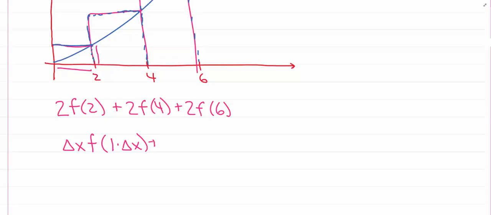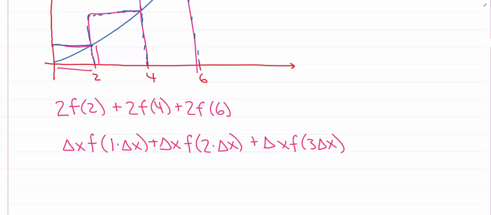Now this next one, I've got delta x, and that's 2 times delta x, because we just started at 0. And the next one is 3 times delta x. That's a way I could generalize what I wrote there.